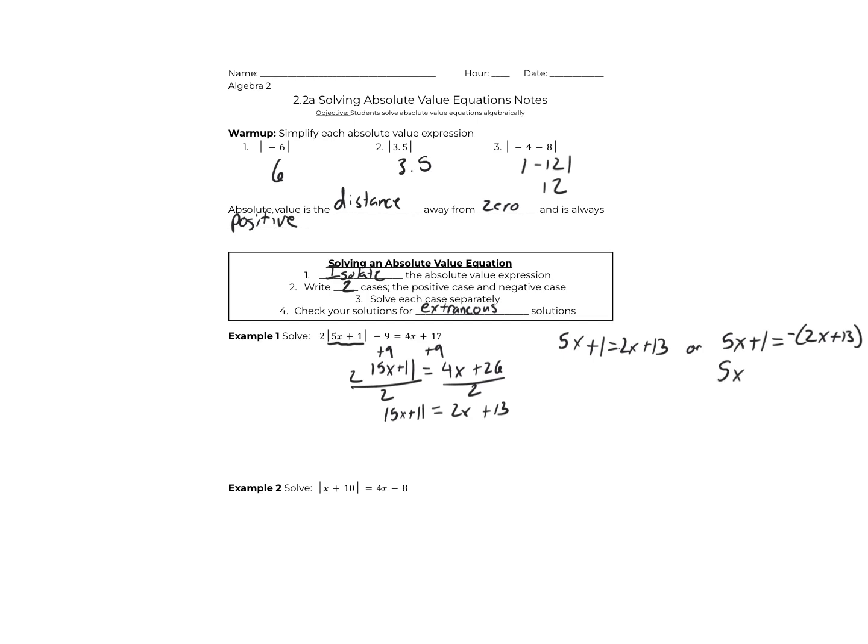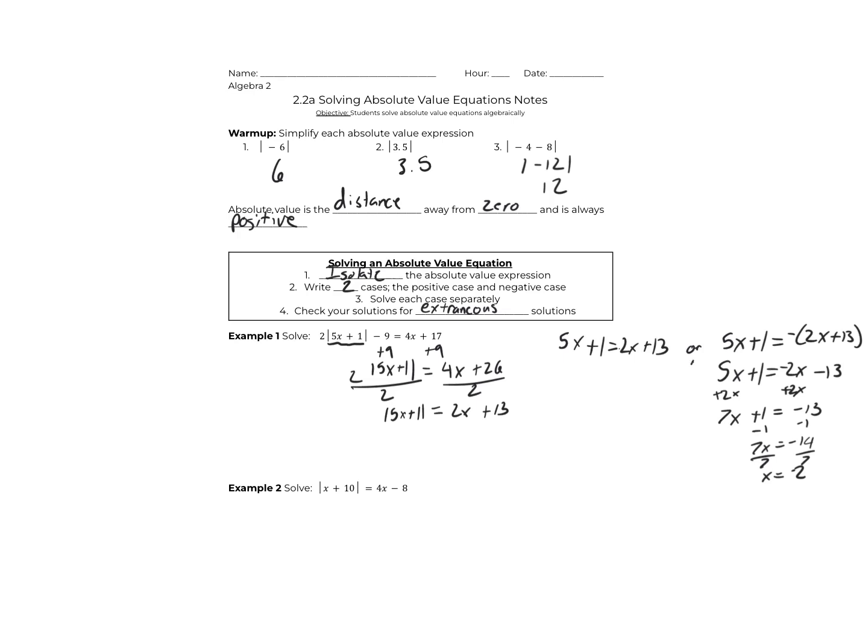So that becomes 5x plus 1 equals negative 2x minus 13. Then we're going to add 2x to both sides to make that 7x plus 1 equals negative 13. Then we're going to subtract 1 from both sides to get 7x equals negative 14. And then we're going to divide both sides by 7 to get x equals negative 2.